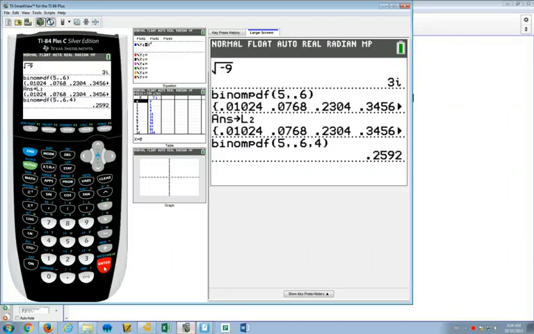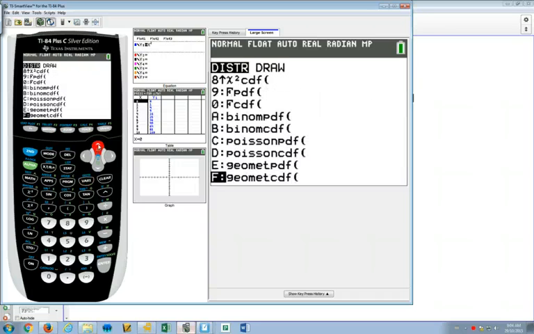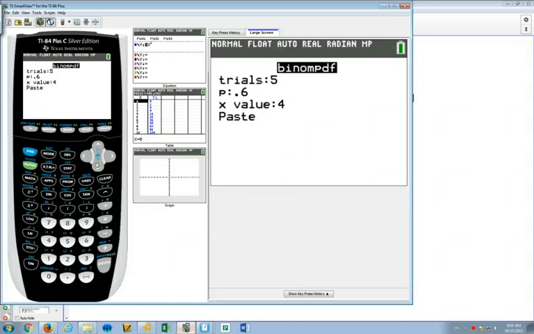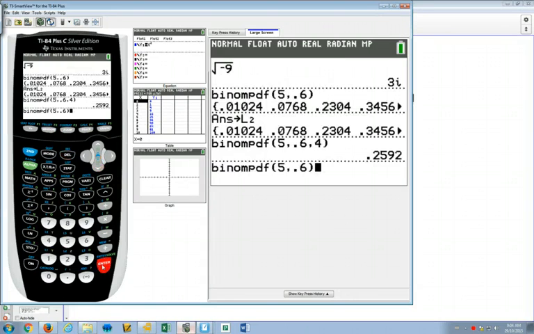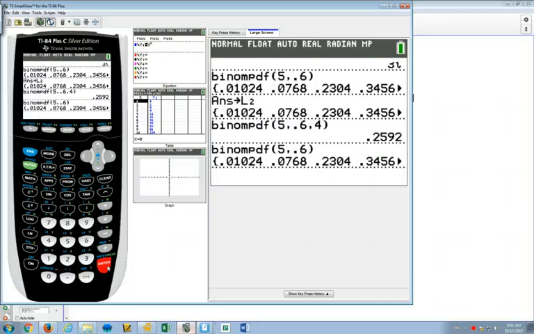I wonder why I didn't go to that the first time I hit it. The first time I selected it by going this way. So if you leave this one blank, then it gives you all of them.